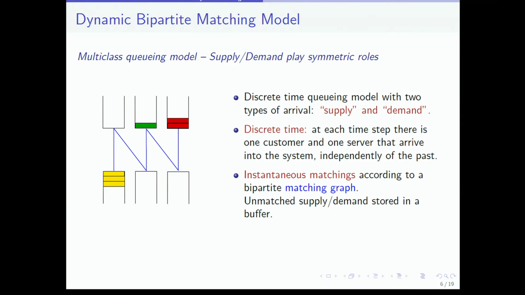Okay, is that clear? Those items that cannot be matched at a given time t will be stored in the system and will build up in these queues here. So here, for example, if we have a blue arrival there and brown here, we see that the blue one can get matched with yellow, and this one has a choice between green and red, and assume that it chooses red.